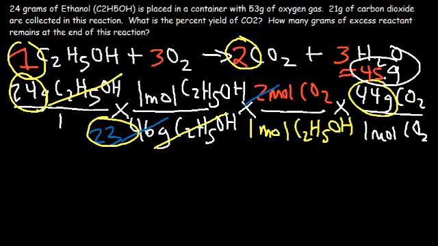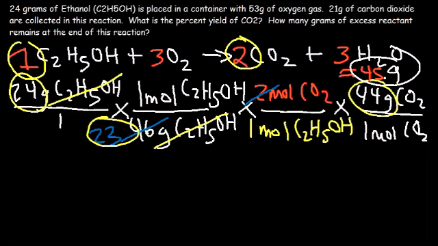Now, let's calculate how many grams of CO2 can be produced from the 53 grams of oxygen. The number that we have, the 45.9, that's how many grams of carbon dioxide that can be produced if all of the 24 grams of ethanol reacts. But now we need to know how many grams of CO2 can be produced if all of the 53 grams of oxygen reacts.